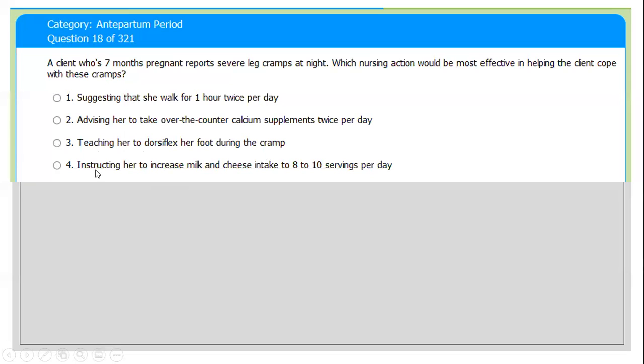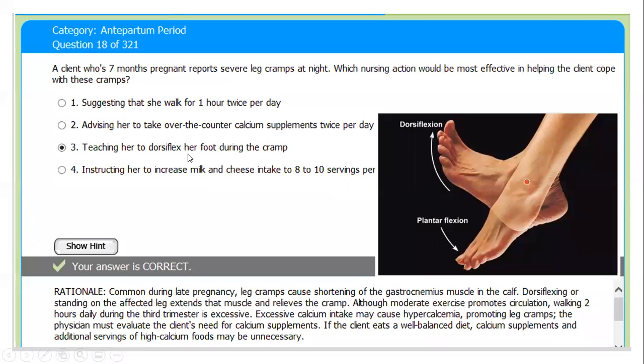Number four, instructing her to increase milk and cheese intake to 8 to 10 servings per day. The correct answer is teaching her to dorsiflex her foot during the cramping.